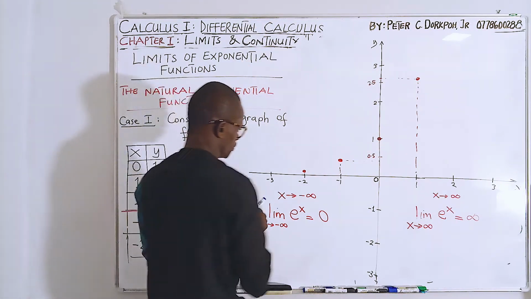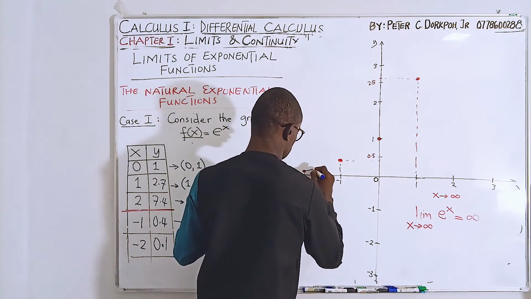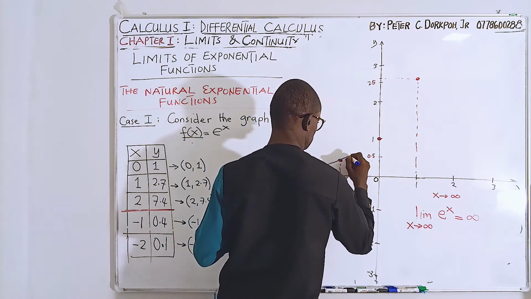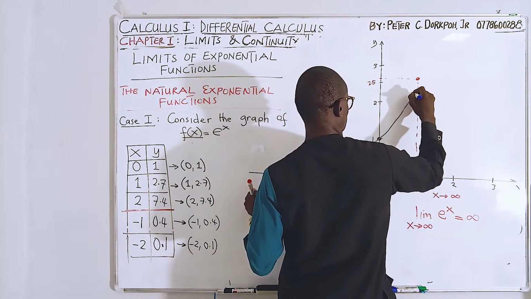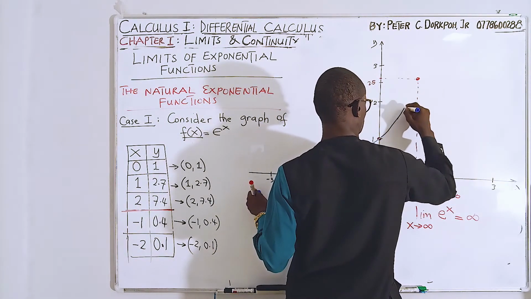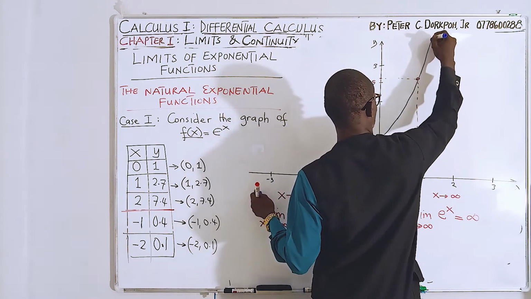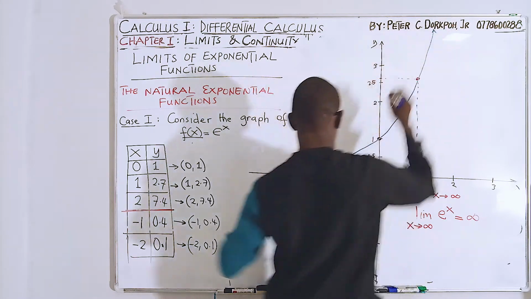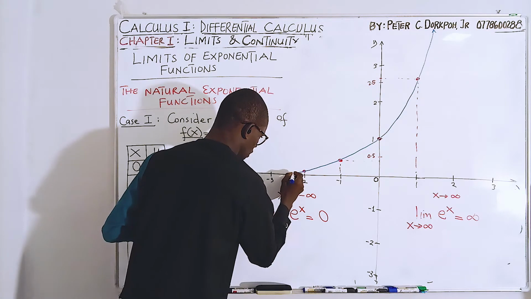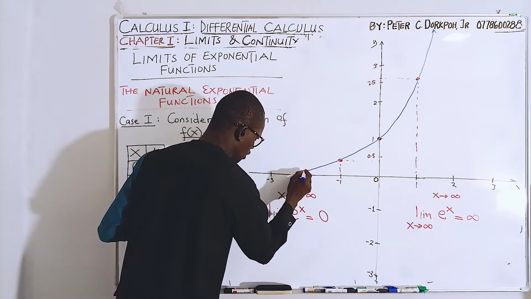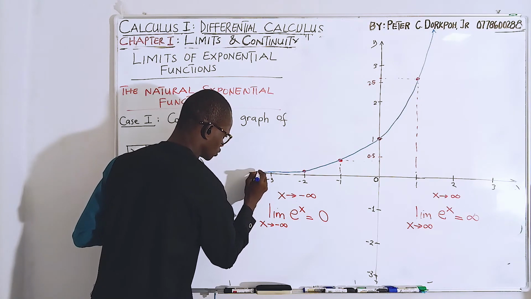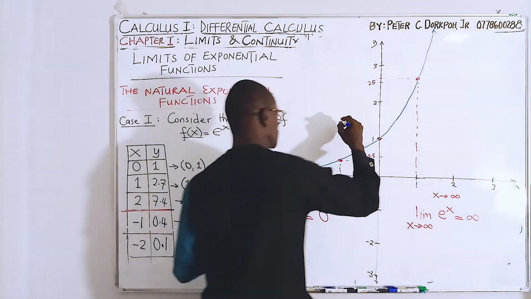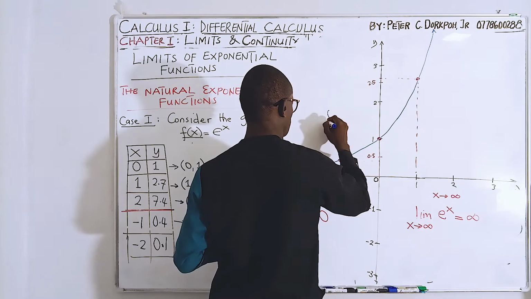So if we connect this thing like this, it continues all the way in that direction. This one will be getting closer and closer to 0. So this now is what we refer to as the function f of x.